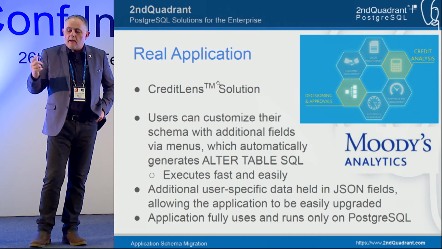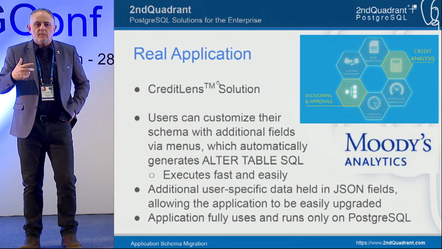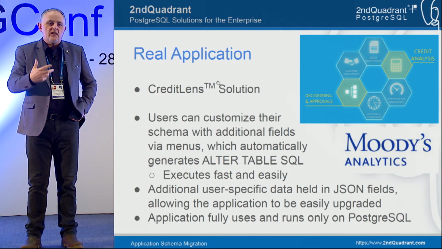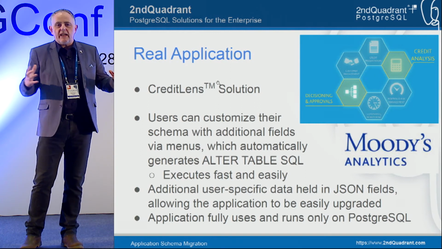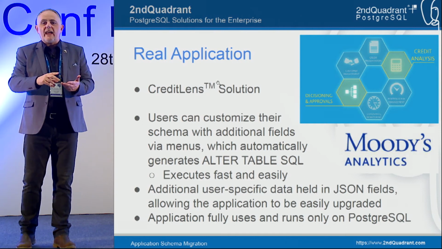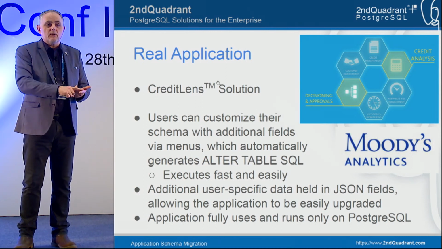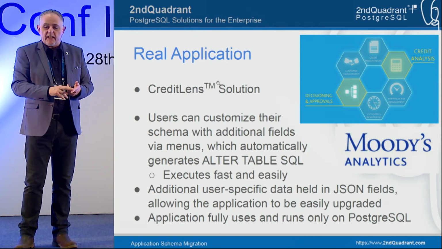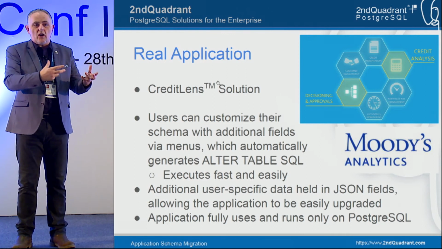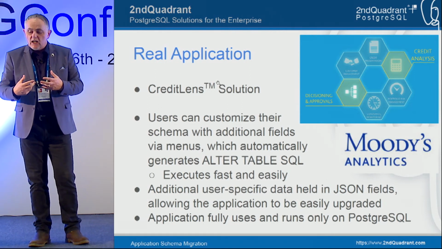But also what happens within CreditLens is that additional user-specified data is held within a load of JSON data tables. And by isolating that data into a small number of tables, we get two things. First of all, we get the flexibility from being able to add new data fields easily. So both Moodys and Moodys customers can add new types of data to the credit reference application easily.